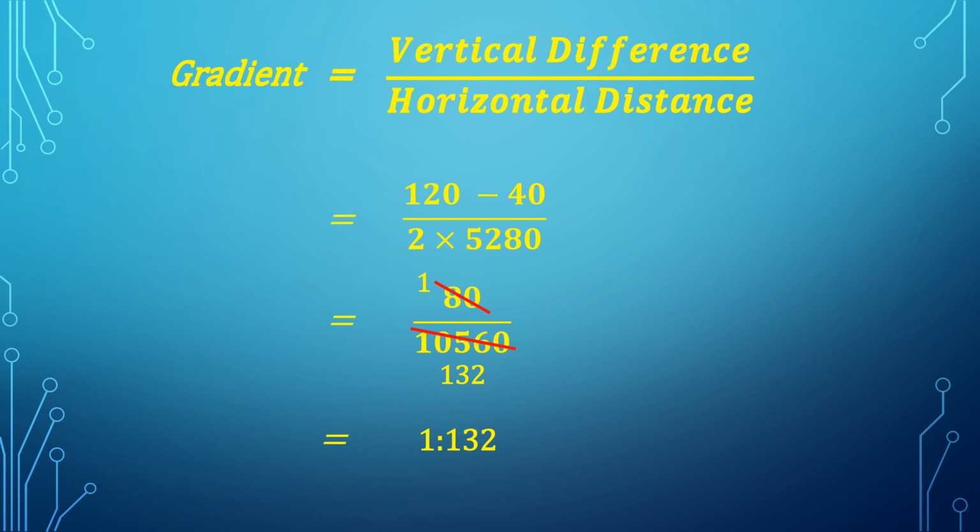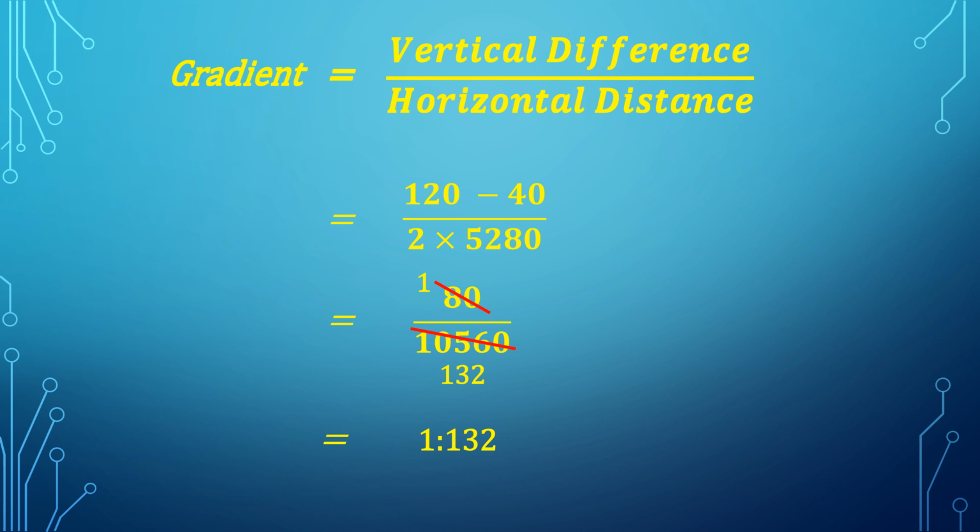The 1 to 9, or 1 over 9, is the smallest of the gradients calculated, because its fraction or ratio is the smallest compared to all of them. The next steepest one would have been the 1 to 20, or 1 over 20, gradient that we calculated earlier as well.